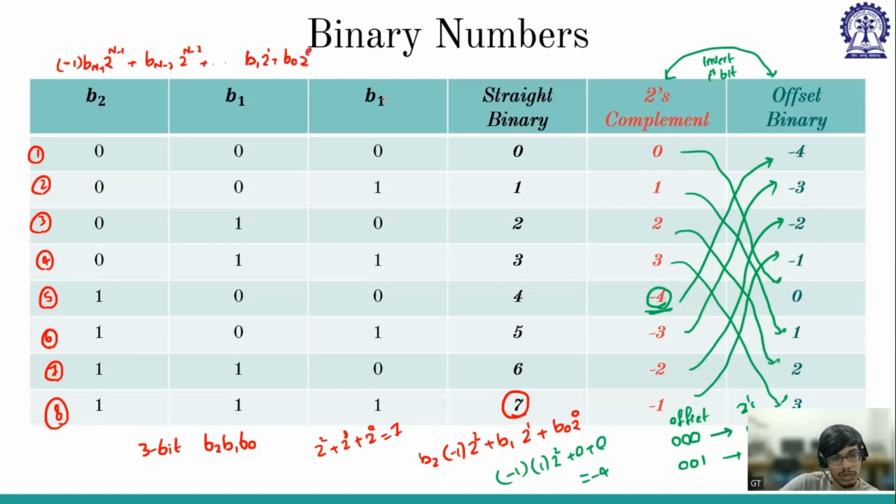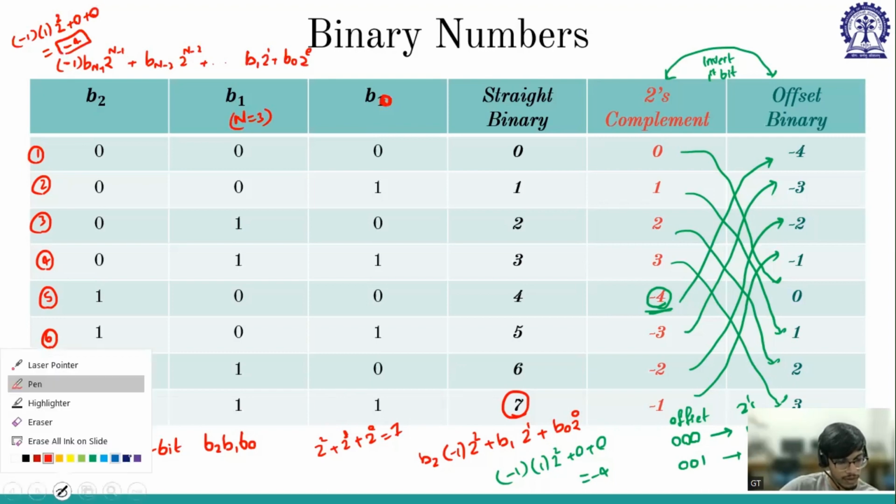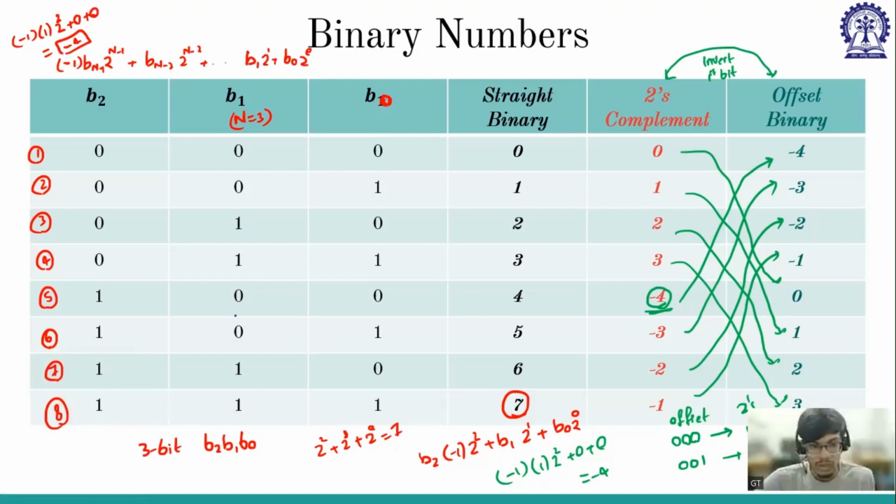So here we have minus 1 into Bn minus 1, which is 1, into 2 to the power n minus 1. Here n is equal to 3 for our case. So into 2 square plus 0 plus 0, which will give minus 4. I hope it is clear.